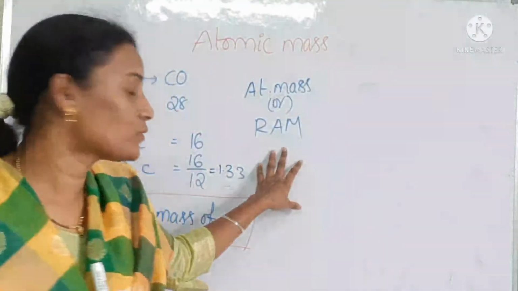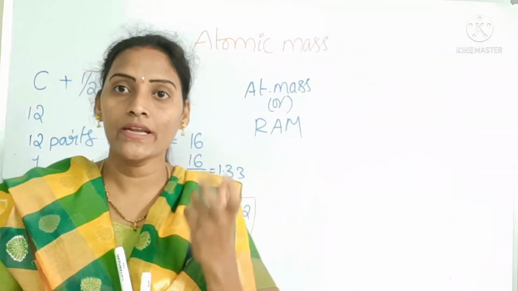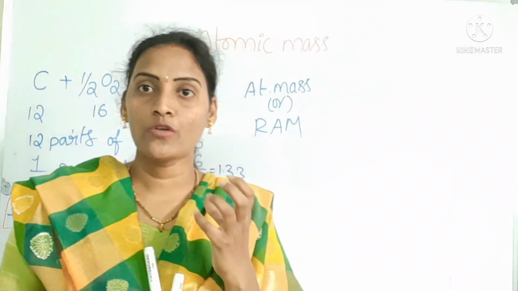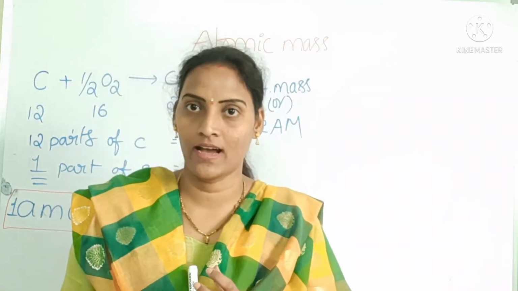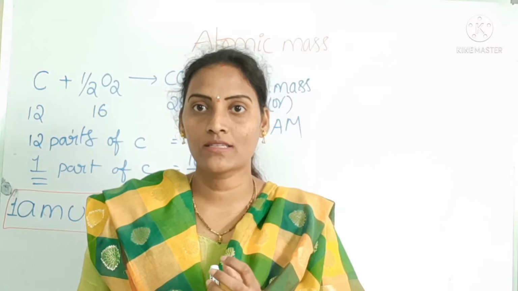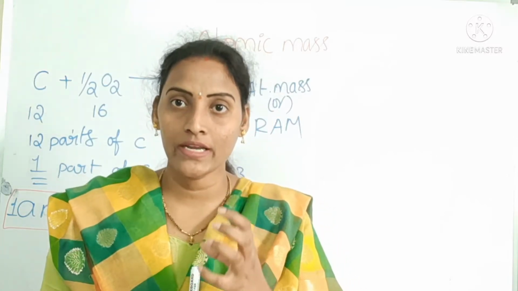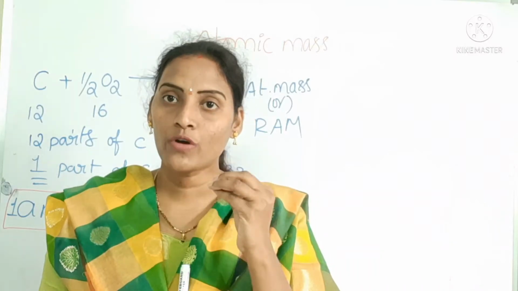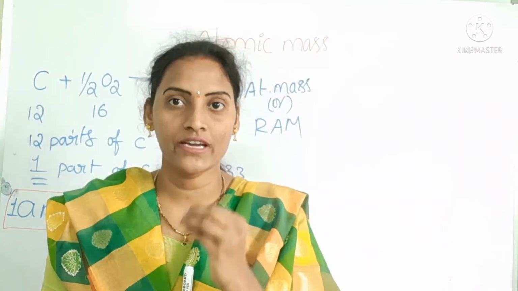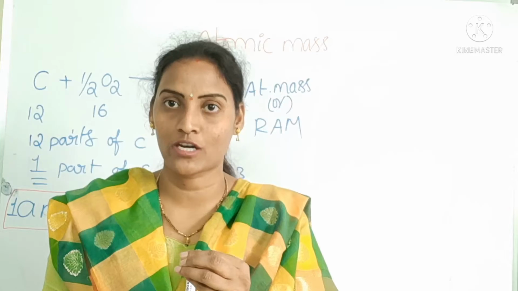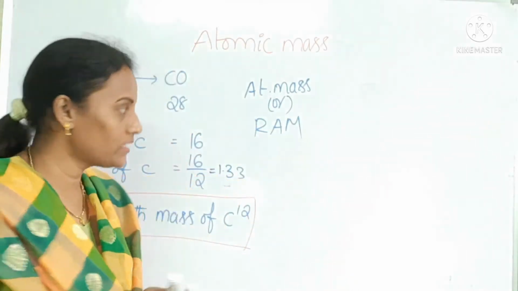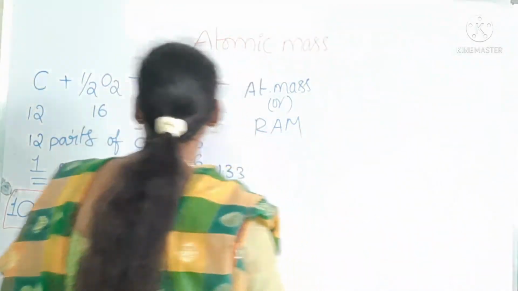This atomic mass is defined as how many times an atom of an element is heavier than 1/12th mass of the C12 isotope. Again I am going to repeat, how many times an atom of an element is heavier than 1/12th mass of the C12 isotope.